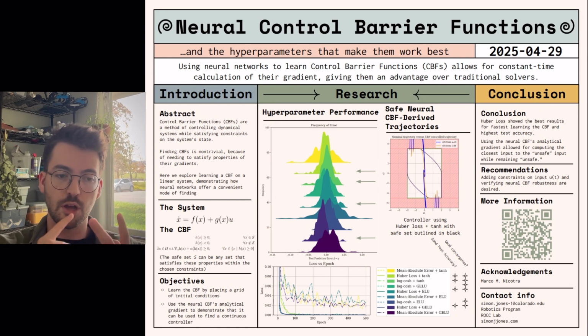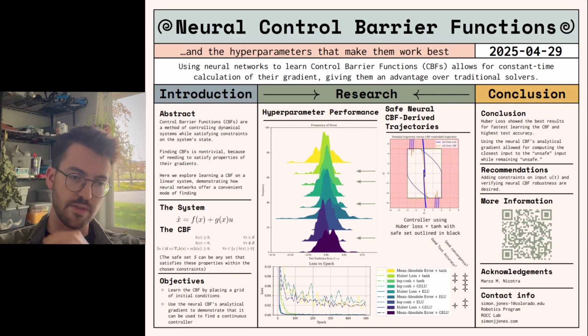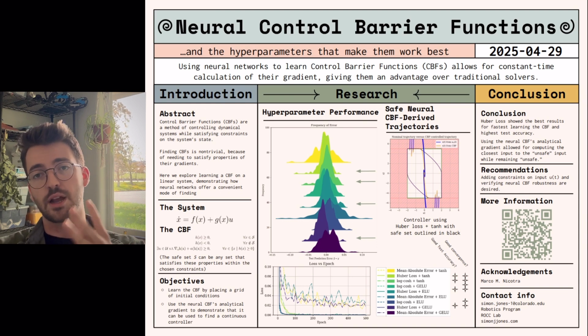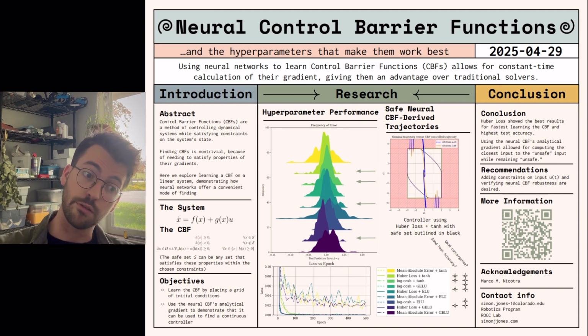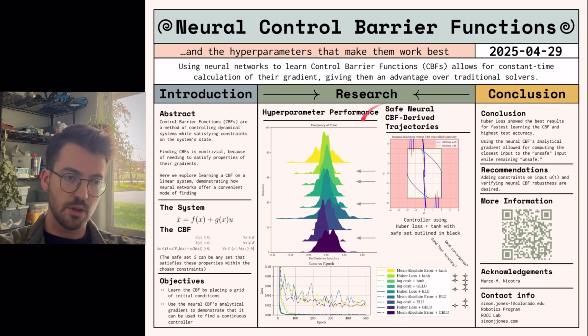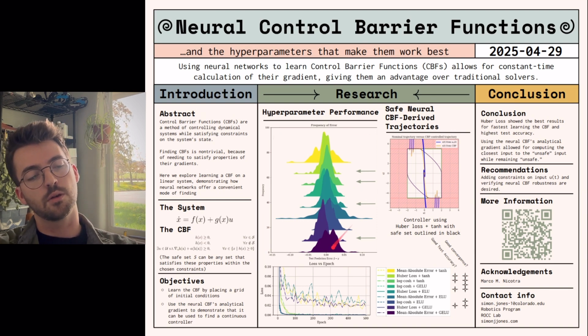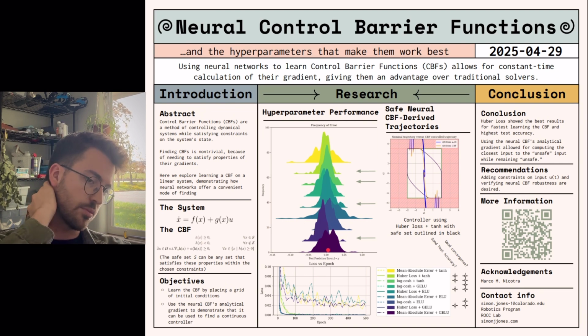We have Huber, log cosh, and mean absolute error for loss, and then Tanh, GELU, and ELU for activation functions. All these activation functions are differentiable, which is really important for our case. You can see here the ones with arrows are the highest performers in terms of test accuracy, and this is a histogram showing where the error lies for all of the test samples.